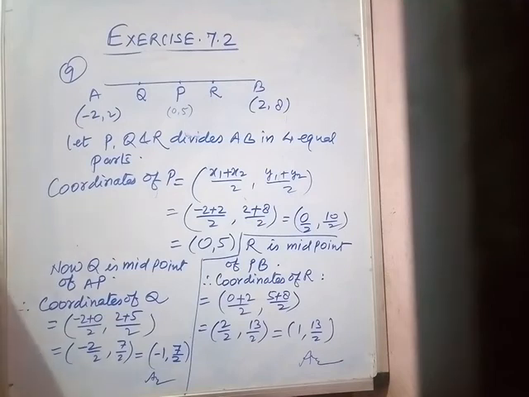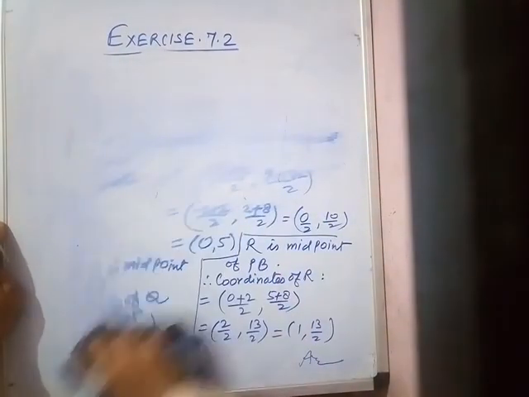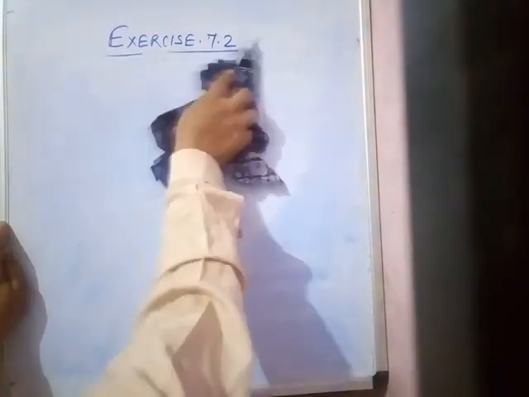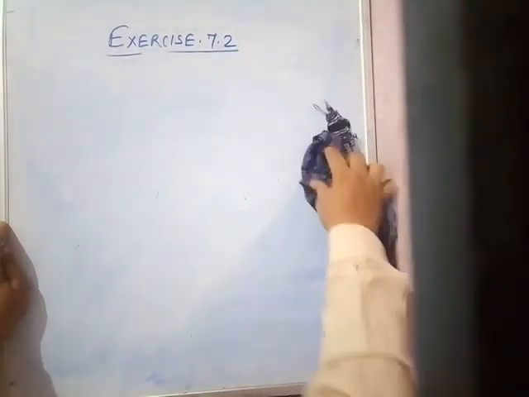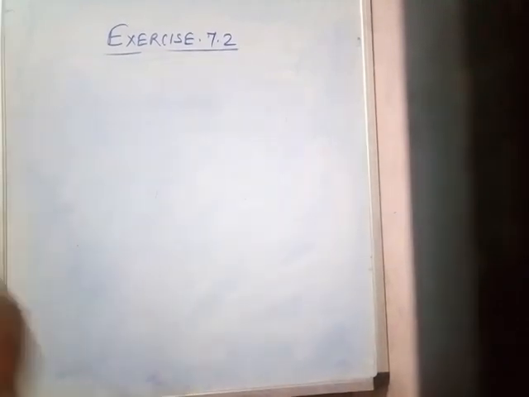Now the last question of this exercise, question number 10, and the question is: find the area of a rhombus if its vertices are given in order.